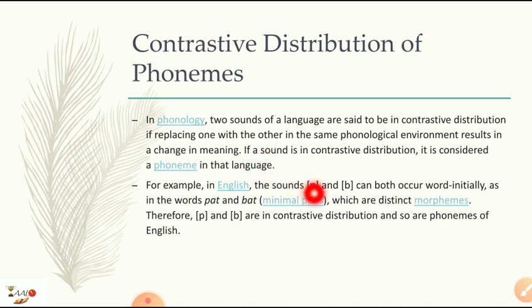The sounds p and b can both occur in word-initial positions in words like pat and bat. Now, in pat and bat, the phonological environment is the a and t sounds. The p is not preceded by any sound, but there is a vowel sound after it, a, and following it the t sound.